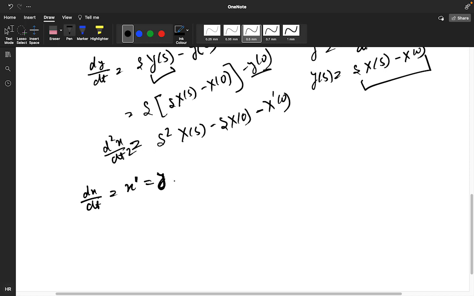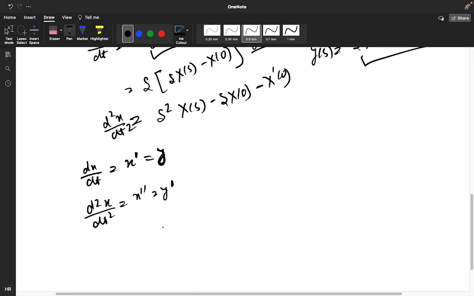Is this clear? Yes, sir. If I differentiate again, what will you get? d square x by dt square equals x double dash, and it will be y dash. Is this clear? Up to here it is clear?